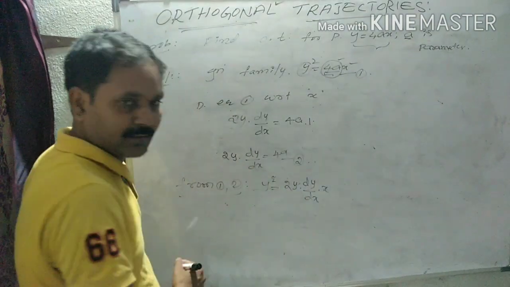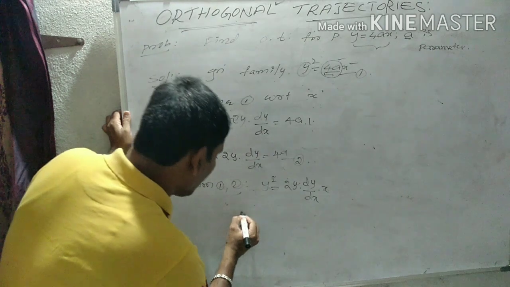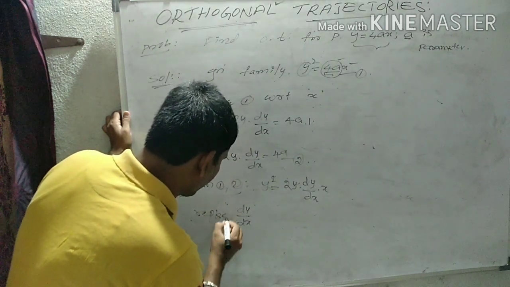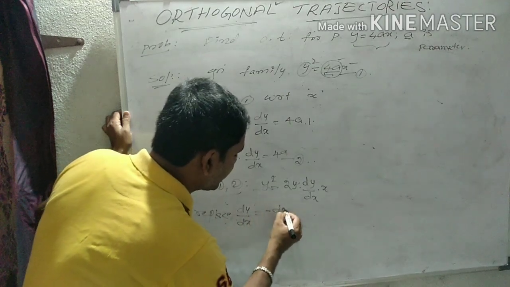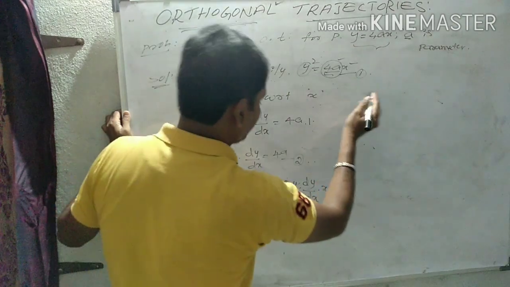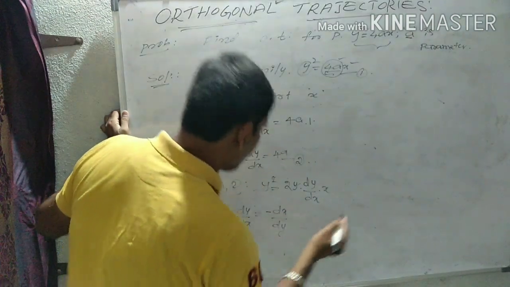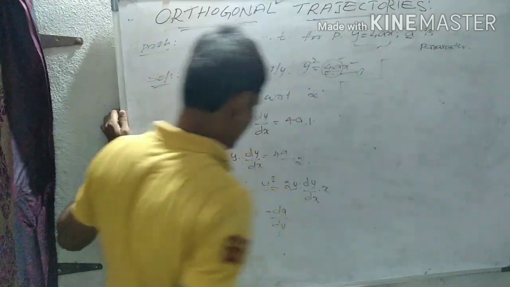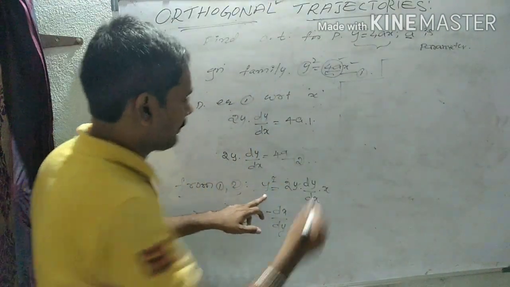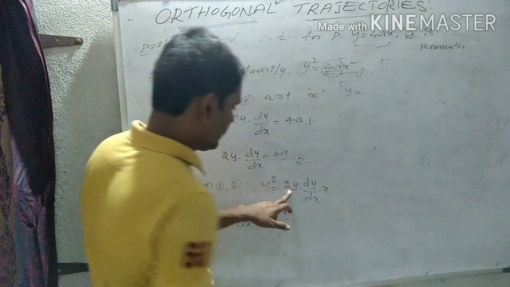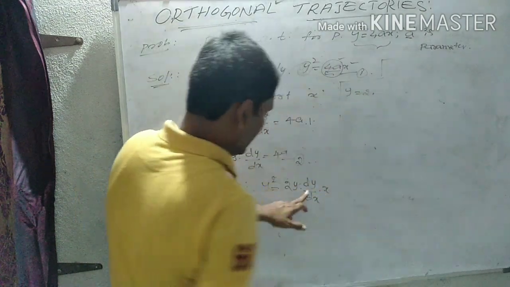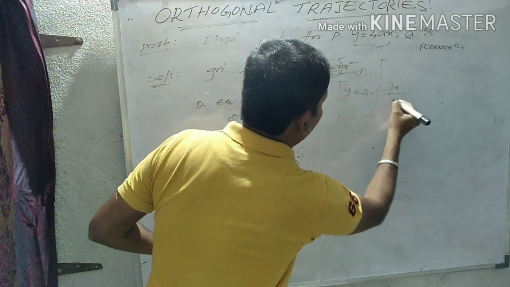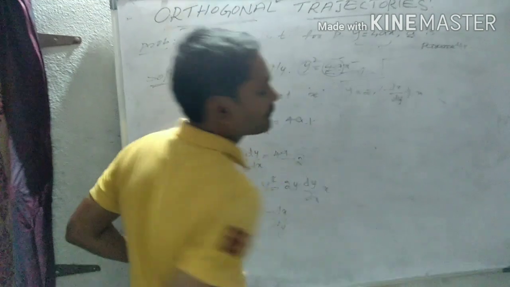On both sides y cancels. And also replace dy by dx with minus dx by dy. So y equal 2 into minus dx by dy into x.